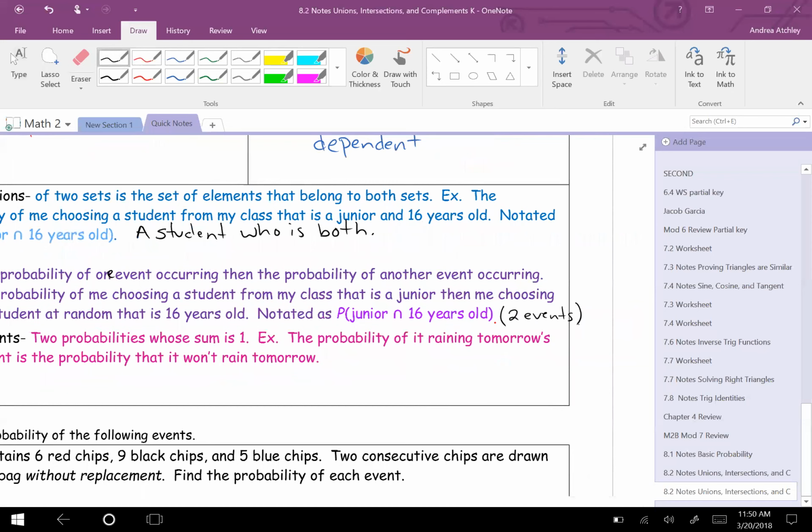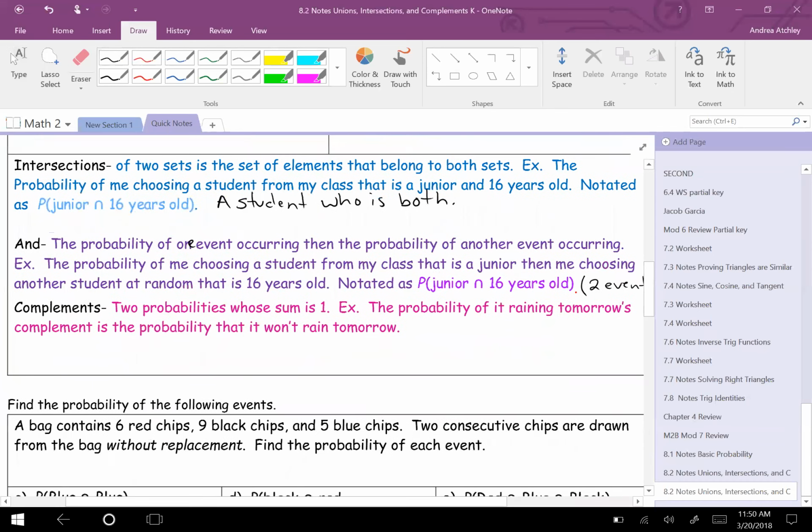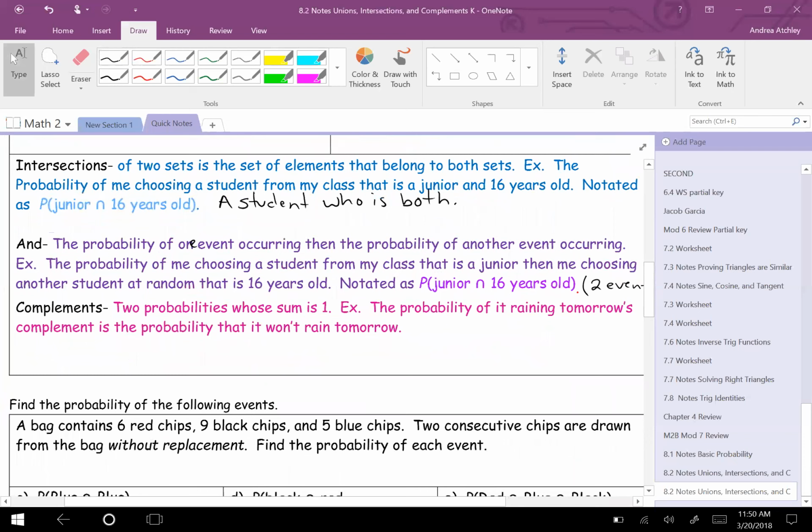Any questions over that? Okay, then once you have, if you haven't already, write down the complements as well. Complements are two probabilities whose sum is 1. Example, the probability of it raining tomorrow. Tomorrow's complement is the probability it won't rain tomorrow.